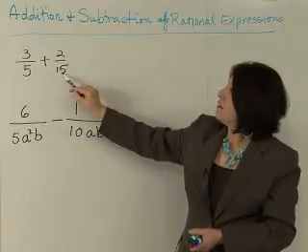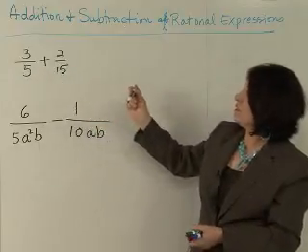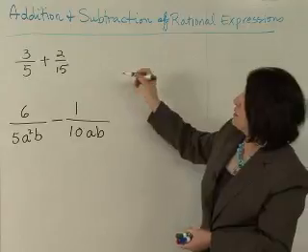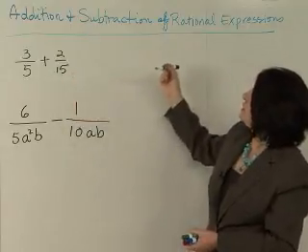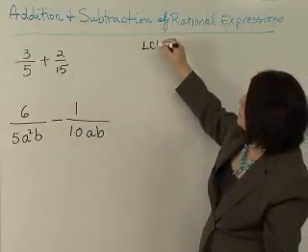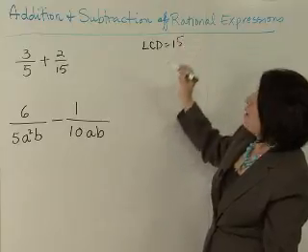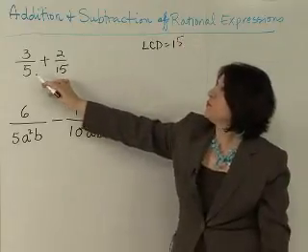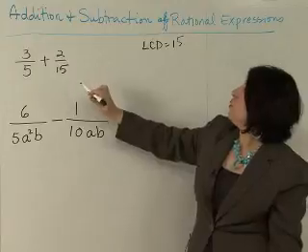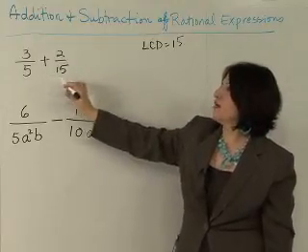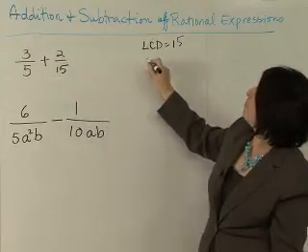So I have denominators that are different, 5 and 15. And what we have done in the past, we said, oh, 5 and 15, the LCD, the least common denominator, is 15. Why is that? Because when we find the common denominator, we have to take all the different factors from both of them.